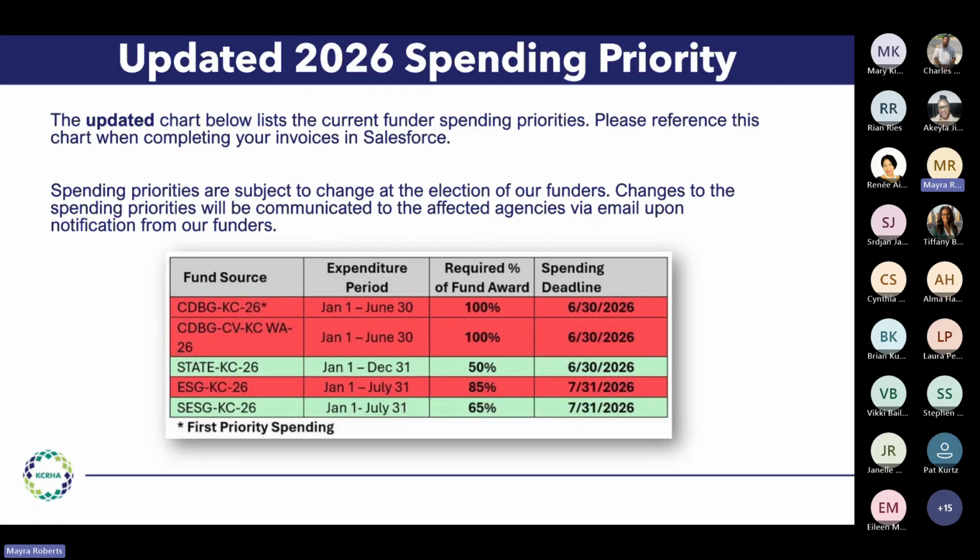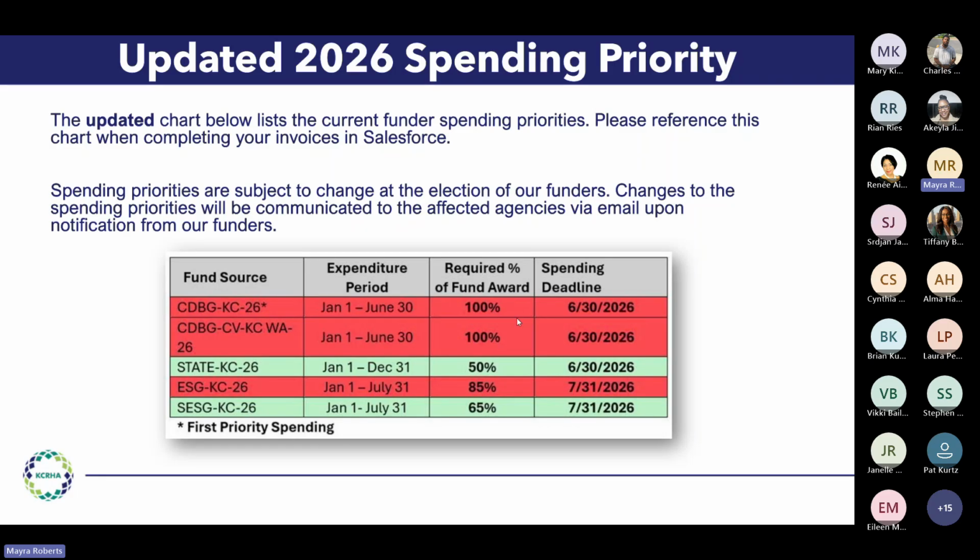As you may have seen recently, our funders at King County notified us that we need to prioritize spending CDBG-KC-26 and CDBG-CV-KCWA-26 by June 30, 2026. And those funds need to be spent 100%.